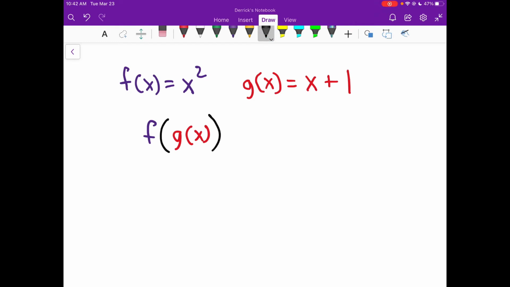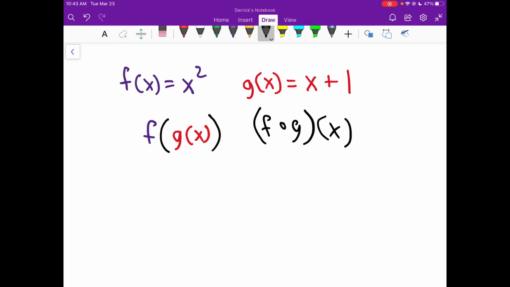So understand, if I'm asking you to find me f of g of x, which could also look like this as well, but I prefer the first one that I wrote. If you're doing f of g of x, that means I'm asking you to take the entire g of x function and plug it in for x in the f of x function.